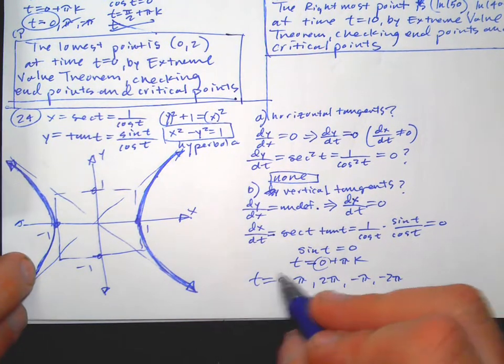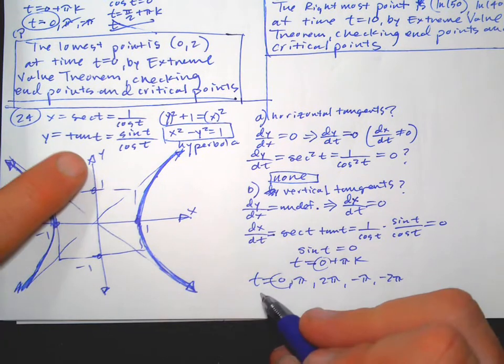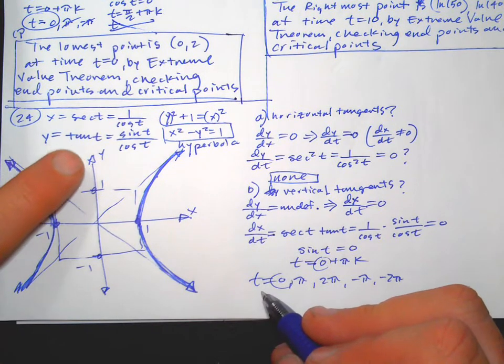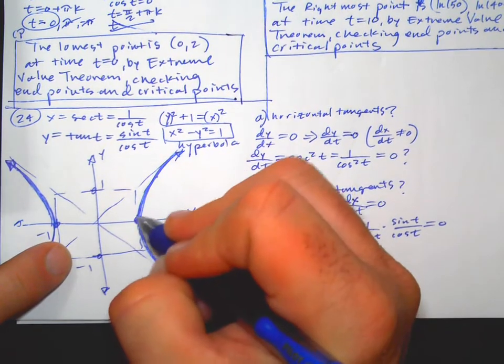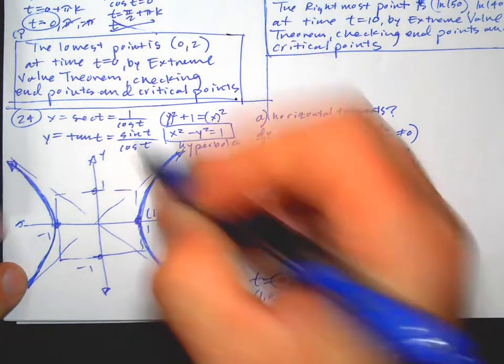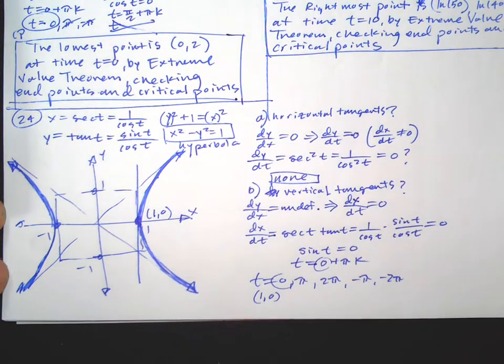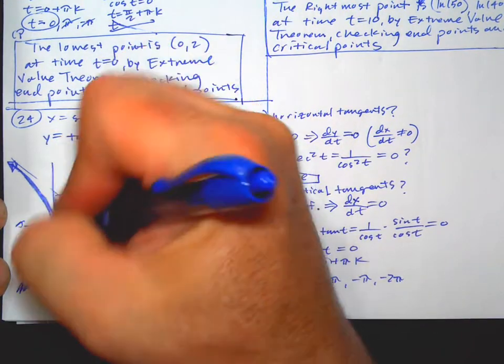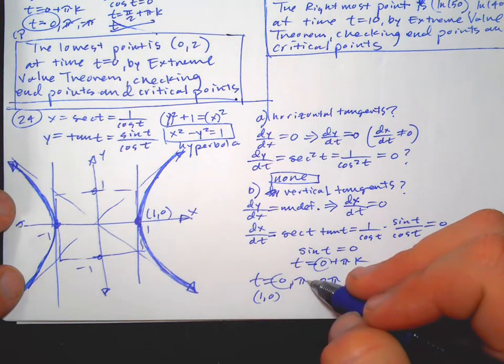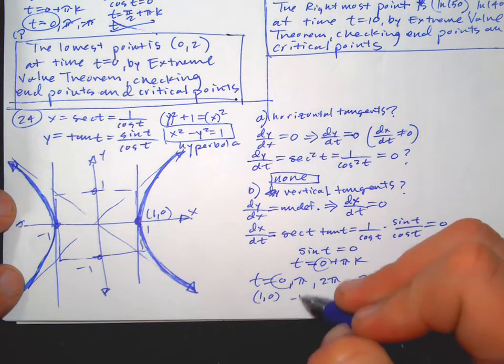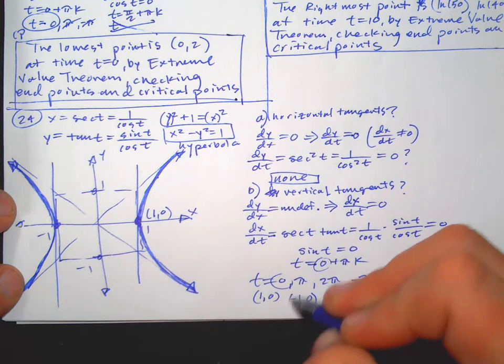So at time 0, we get the coordinates (1, 0), which is on the graph. And look, sure enough, that's where you expected an answer, a vertical tangent, and then another one right here. So we expect to get these two answers. At pi, cosine of pi, that's (-1, 0). Perfect.